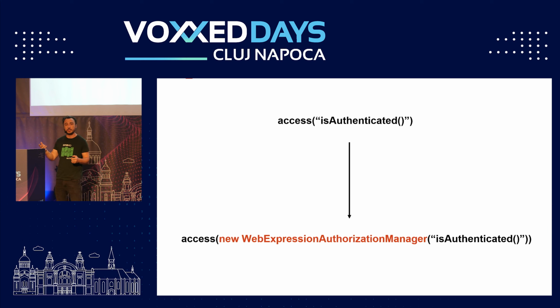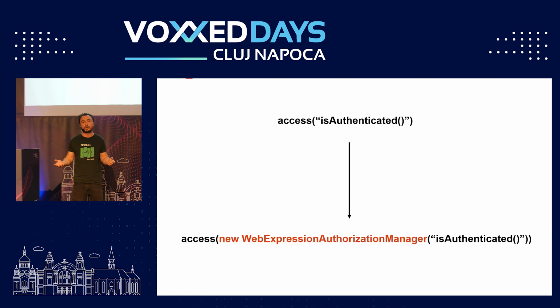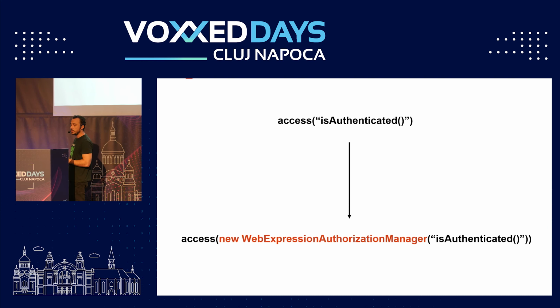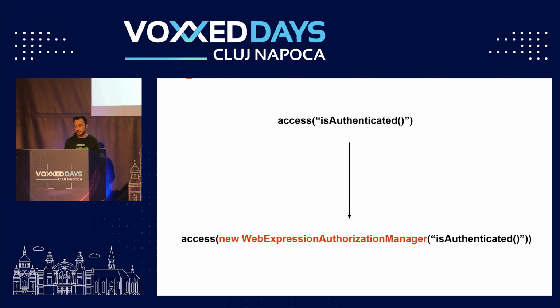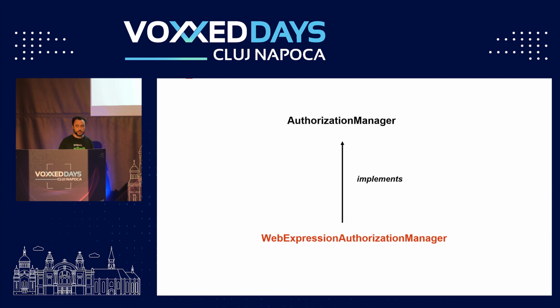It uses SpEL. So if you are upgrading and you are lazy, or you simply don't want to change your SpEL to Java code, then you can use the Web Expression Authorization Manager instead. And this is it, yeah. Of course, this is an implementation of the authorization manager, but as I said, you can create your custom one.